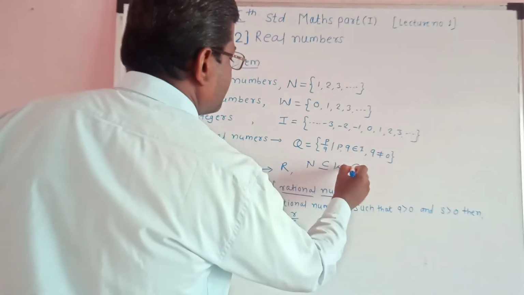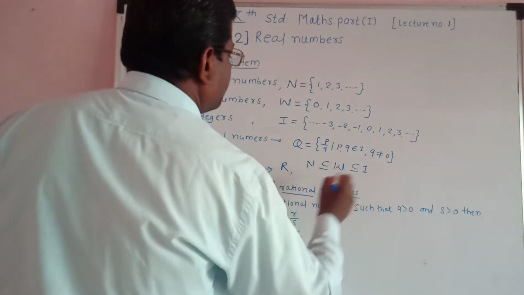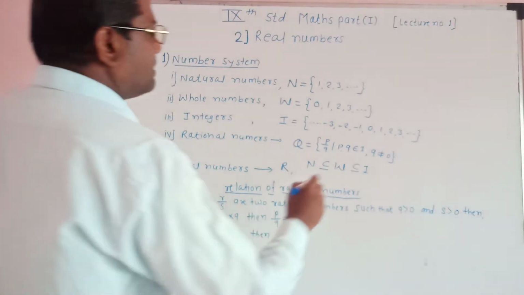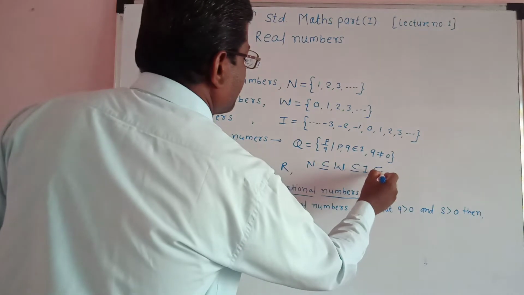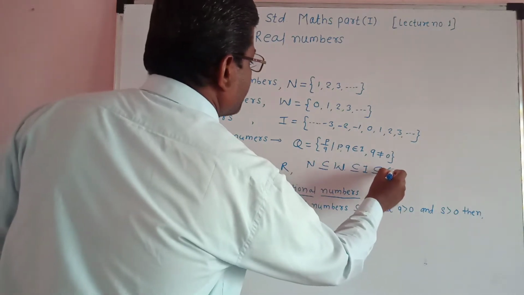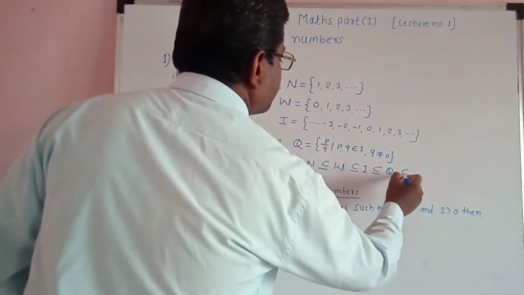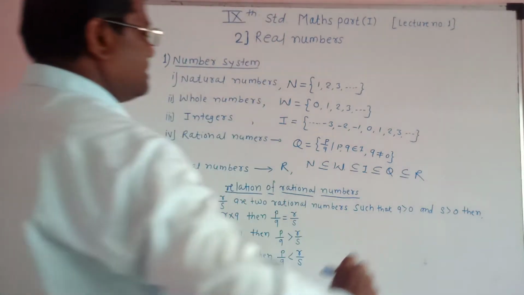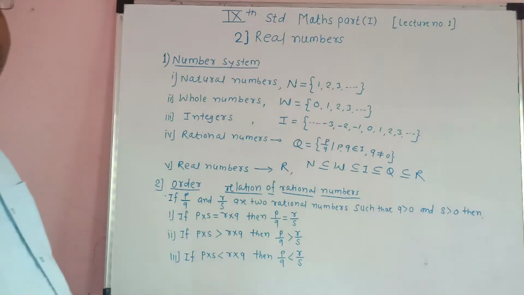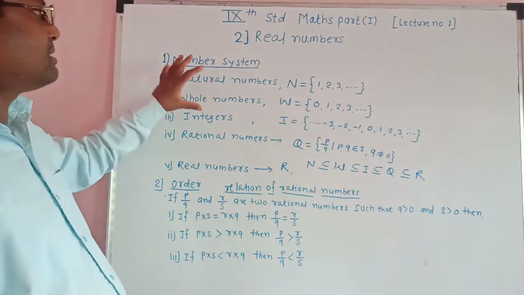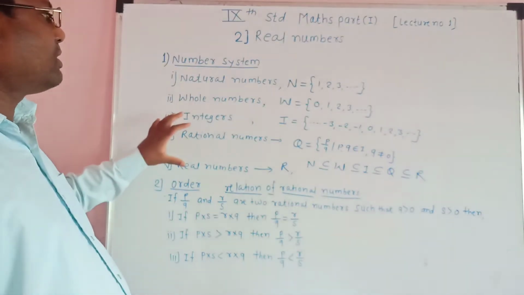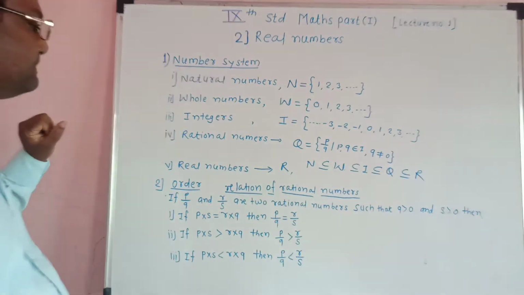The whole number set is a subset of integers. Integers are a subset of rational numbers and rational numbers are a subset of real numbers. So the real number set is a universal set for all these numbers.